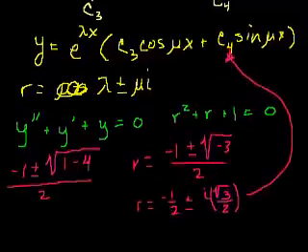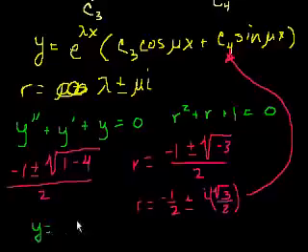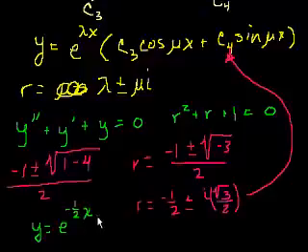So let me write that right down here. Our general solution will be y is equal to e to the real part of our complex conjugate, so e to the minus 1/2 x. This is our lambda.